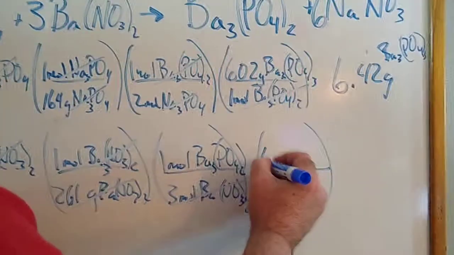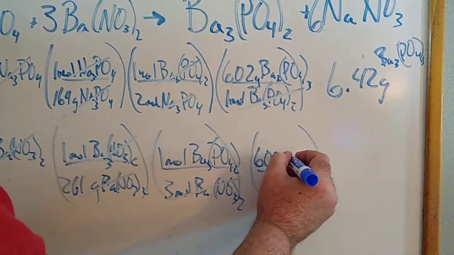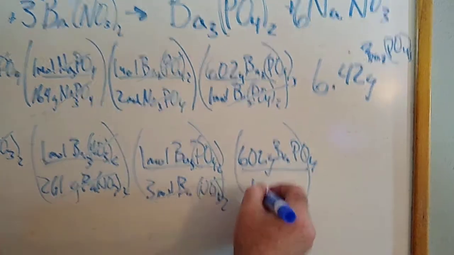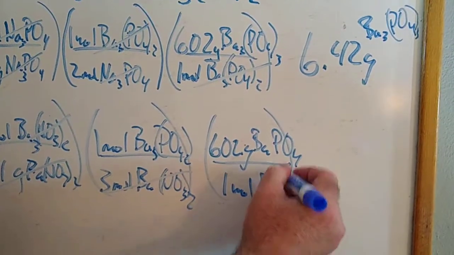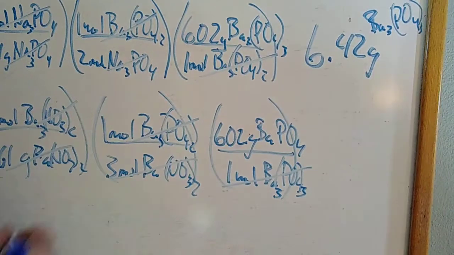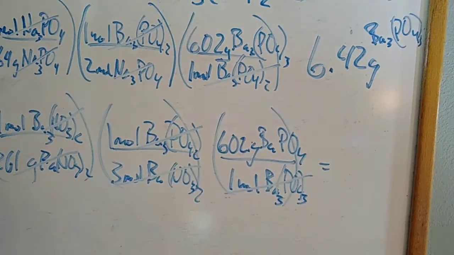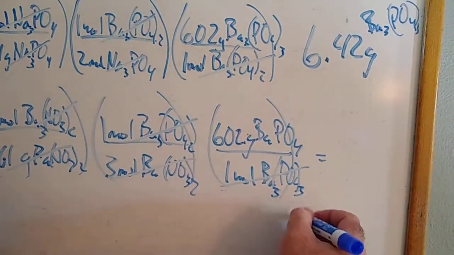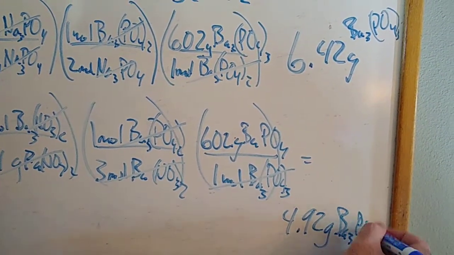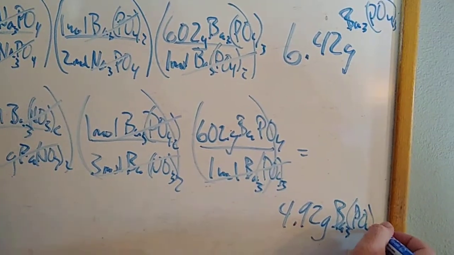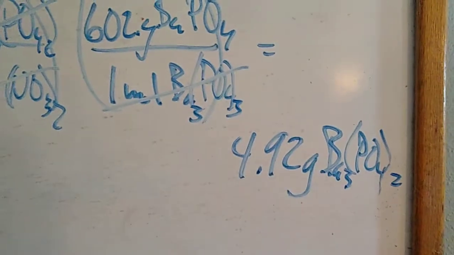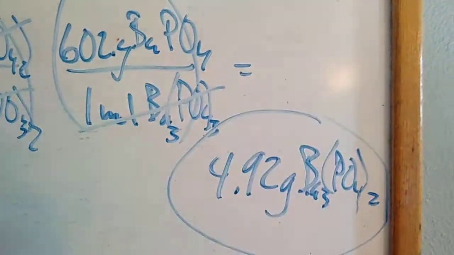So we use the same thing again, 602 grams of barium phosphate is equal to 1 mole of barium phosphate. Those cancel out. And when we get our answer here, we get an answer of 4.92 grams of Ba3(PO4)2. Okay? And this is our limiting reactant.